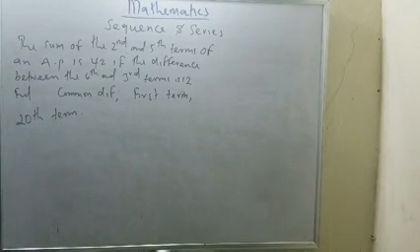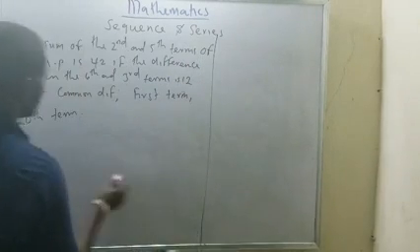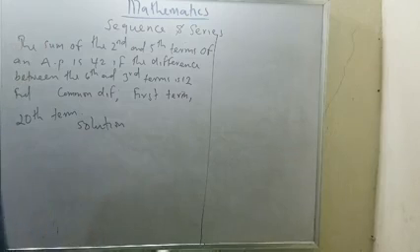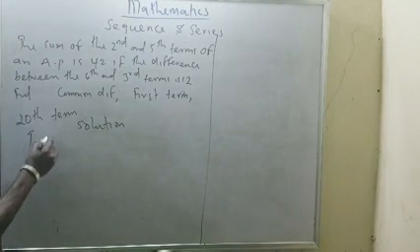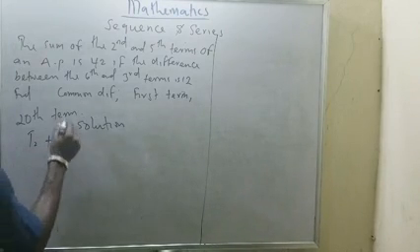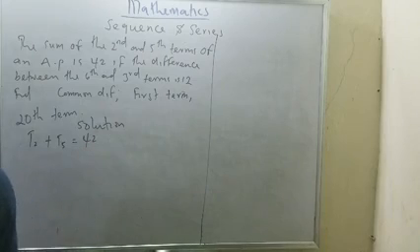Now, how do I go here? When I have it this way, it's very simple to solve. Be very careful with how you interpret. The first thing I need to know, the sum. It means my t2 plus t5 equals 42.